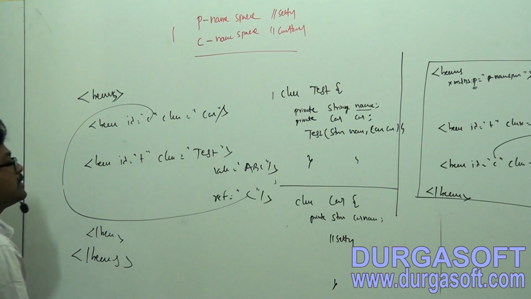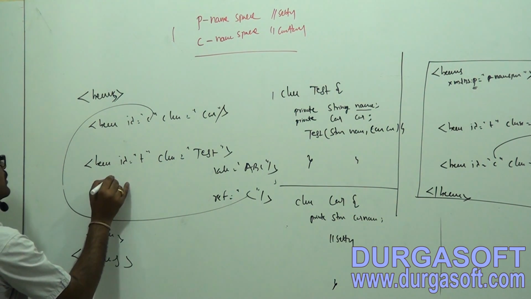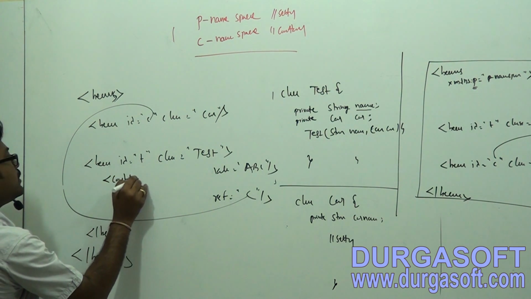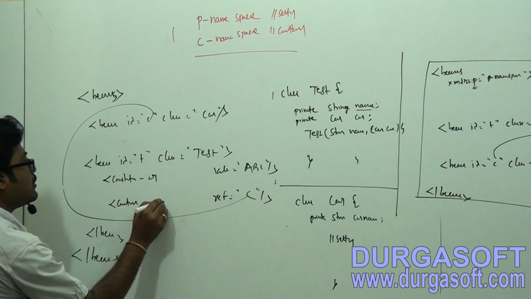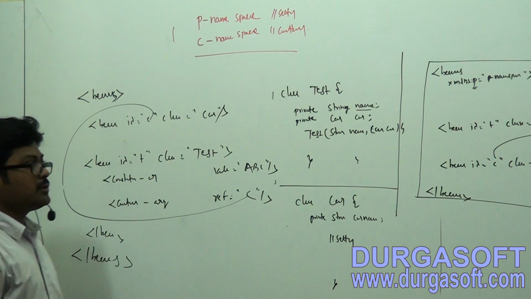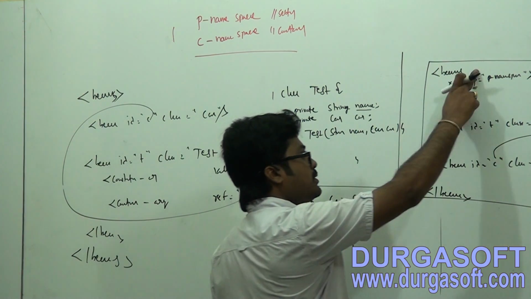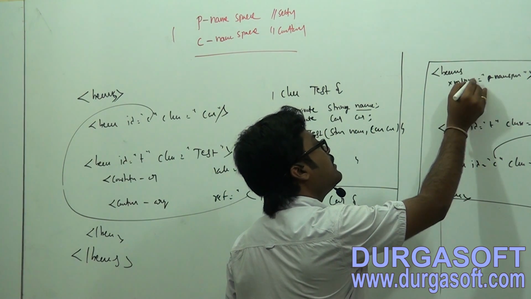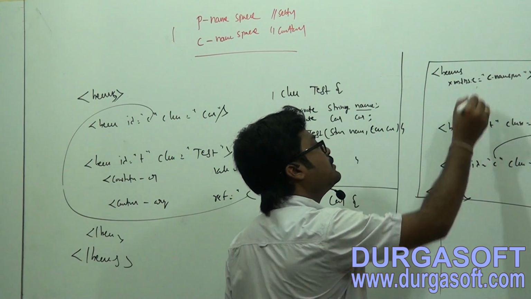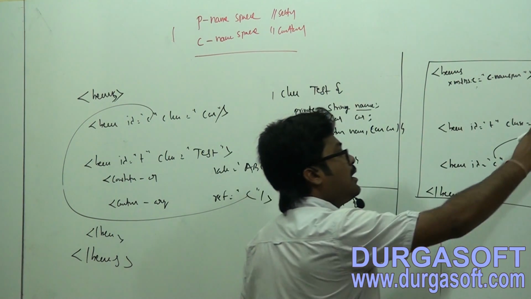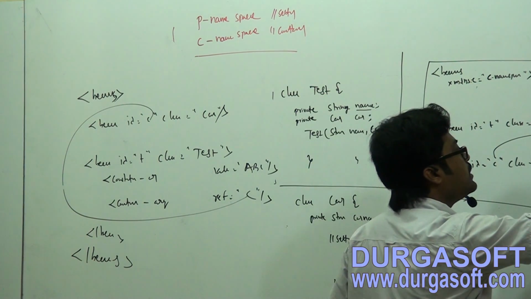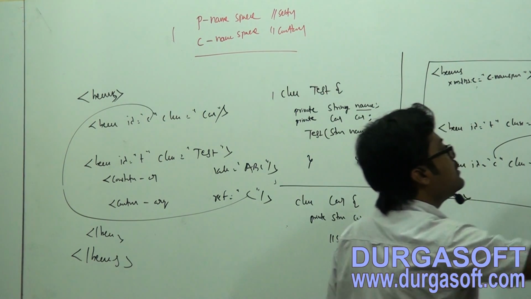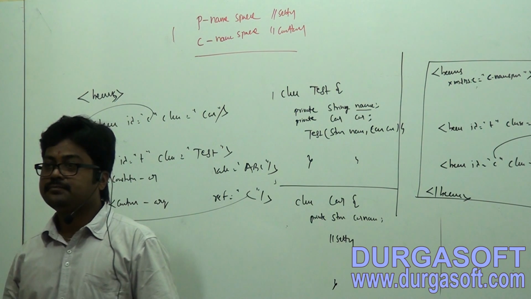We have to use constructor-arg. Then instead of adding the p namespace, we have to add the c namespace. Like how you call p namespace properties, in the same way you can call c namespace properties.